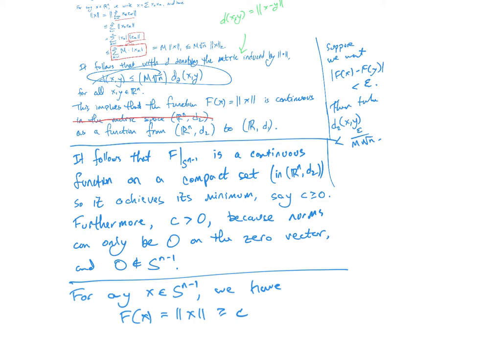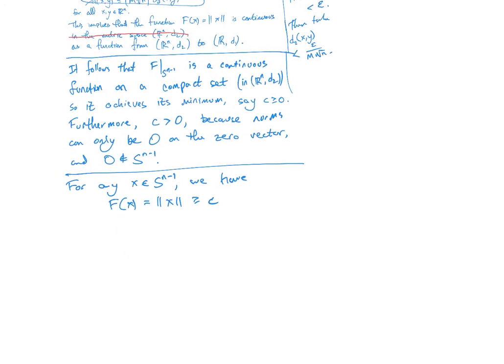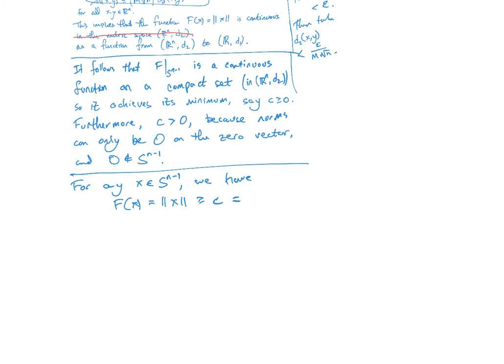In fact, we can go one step farther. It's greater than or equal to c, which is also c times its 2 norm, because it's on the sphere, so its 2 norm is 1. That's the direction we want. We want a lower bound on the mystery norm in terms of the 2 norm.